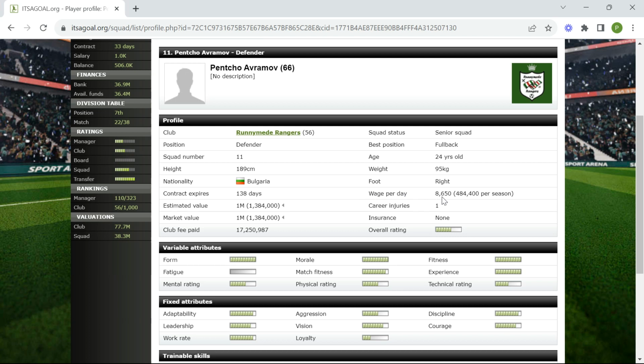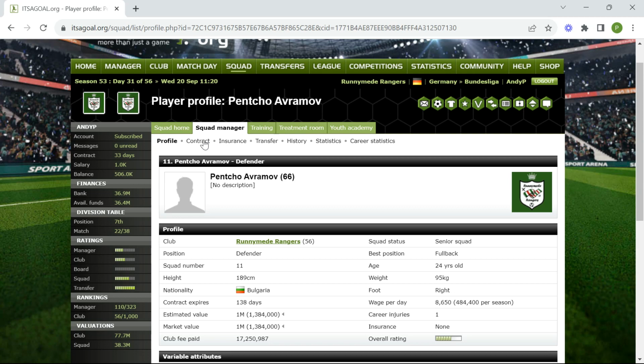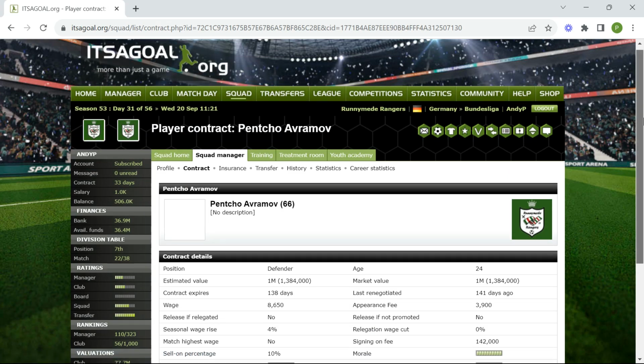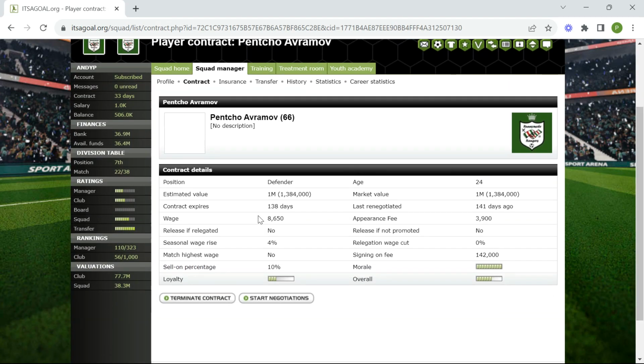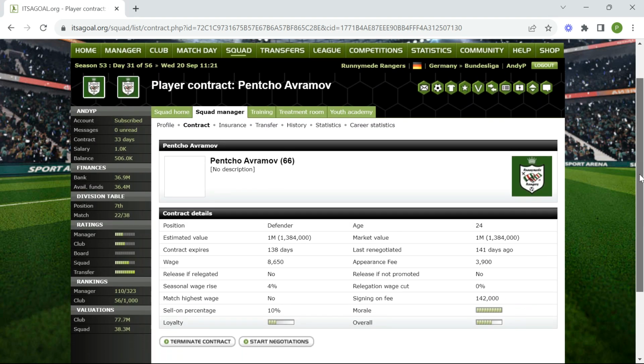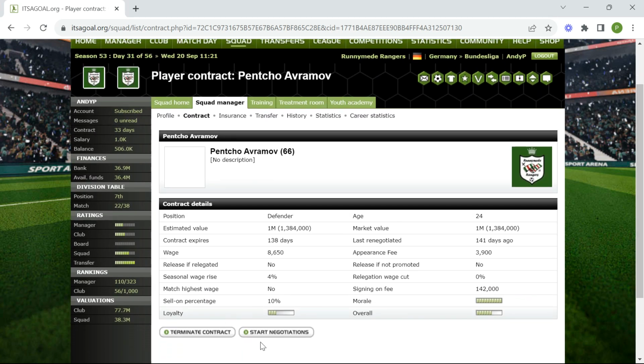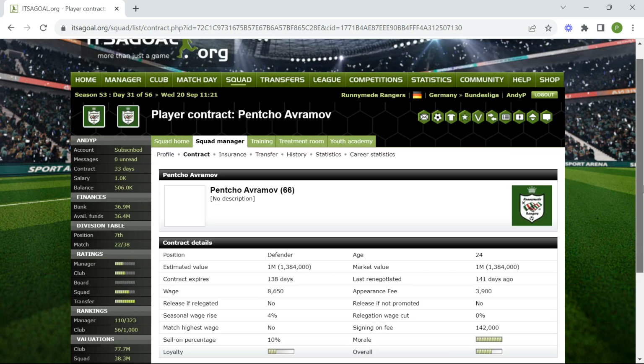So you've got the wage per day here, and if you go into their contracts, you can see that's their wage, that's their appearance fee as well, and the seasonal wage rise that you get from players. But players are negotiable, so after a season, if you had a player, you can start negotiations and you can offer him more time, but for less wages.